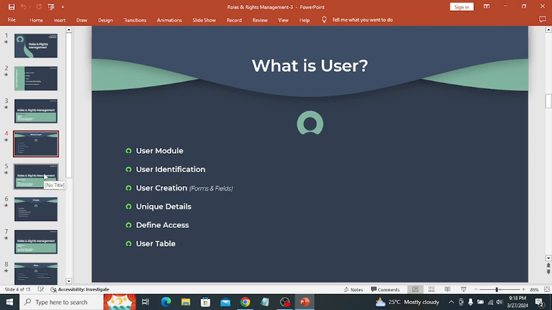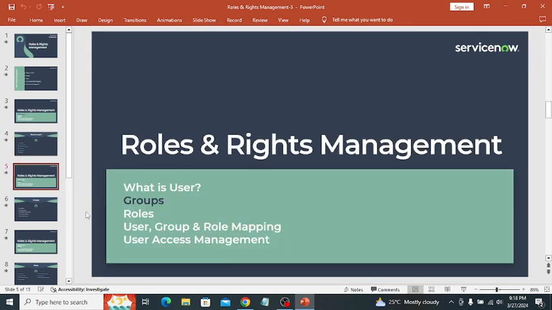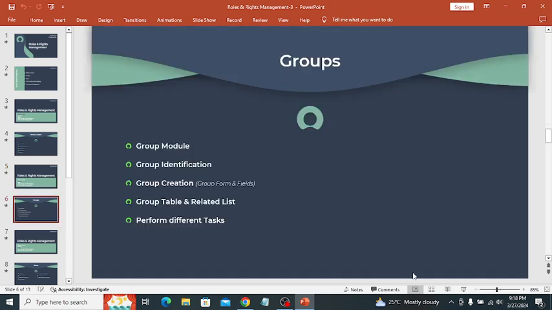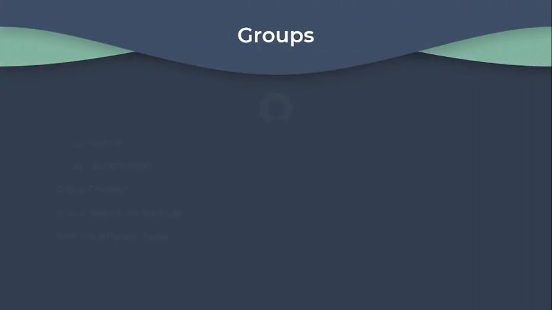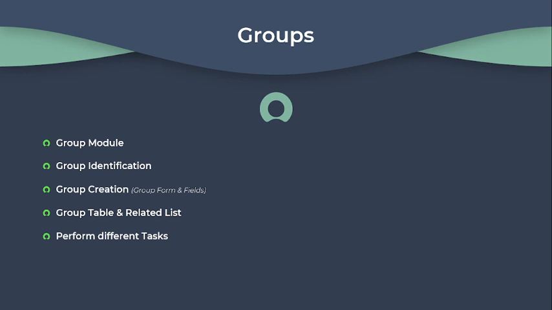The next is groups. Basically, a group in ServiceNow refers to a collection of users who share a common objective or purpose. These groups collaborate to accomplish various tasks such as approving change requests, resolving incidents, or managing work order tasks.